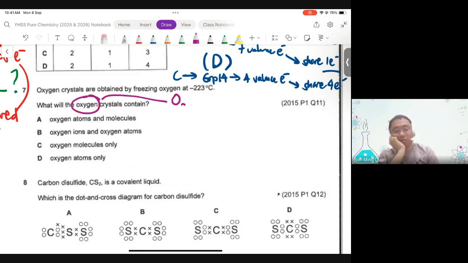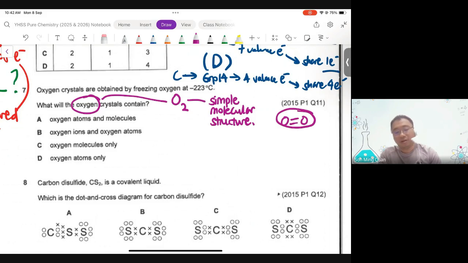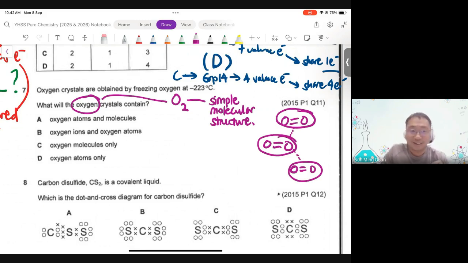Oxygen is O2. I hope we know that. It's diatomic. This has a simple molecular structure. If it has a simple molecular structure, it means it consists of molecules, molecules, molecules, which are held together by weak intermolecular forces of attraction. Meaning, the answer cannot be ions. The answer cannot be atoms either.